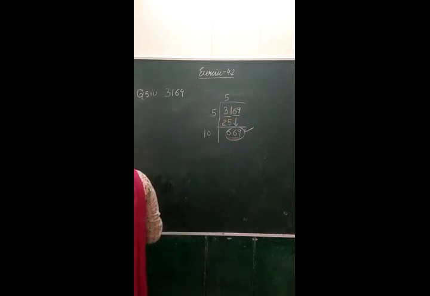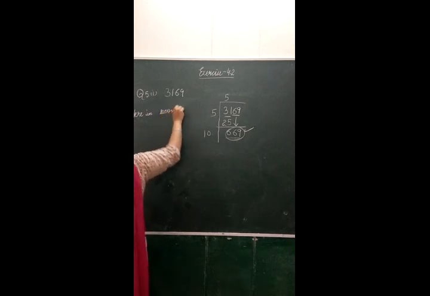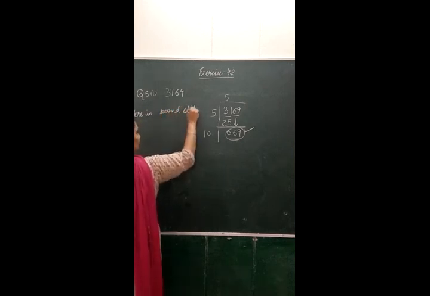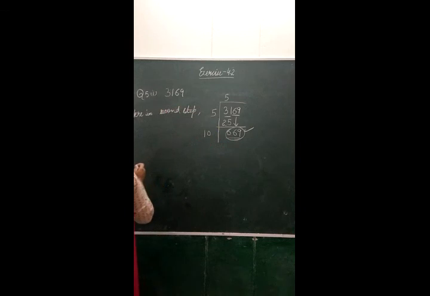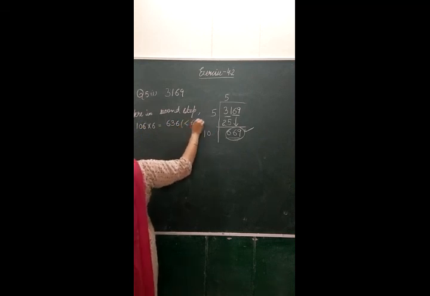So to make the perfect square, we will find it in the second step. Here, if we multiply it with 6, suppose we take 6 here, we are getting a number which is less than 669.